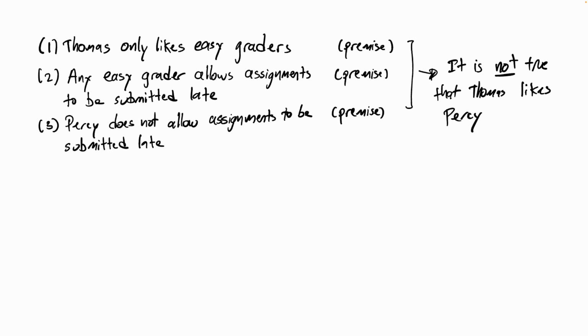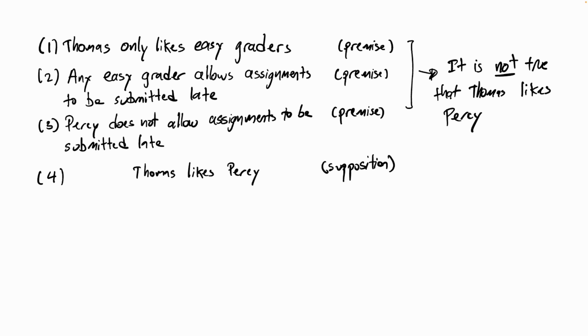So first, to indicate that we're now going to suppose that Thomas does like Percy, we would write down as the 4th line in our reasoning, Thomas likes Percy, noting off to the right that this is an extra supposition, something that we're now supposing to be true in addition to our premises. Beyond making that note off to the right-hand side, we've also slightly indented this 4th line.